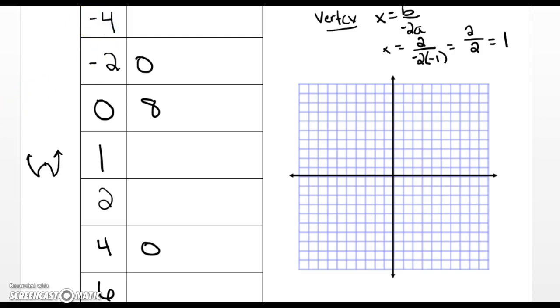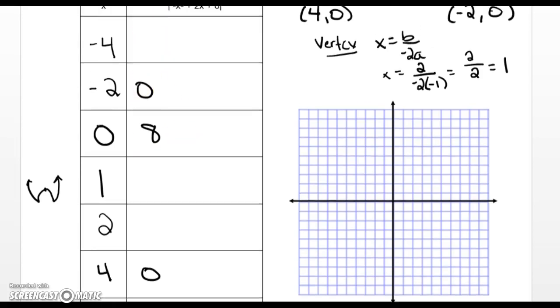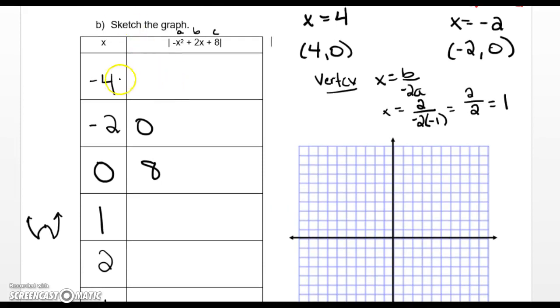So now that I filled out all of my x values, now I can go ahead and actually start finding those y values. So I'm going to put each of these into our equation here, and I'm just going to scroll up just a little bit so I have a little more room. So when x is equal to -4, we're going to plug it into this function here. So the absolute value of negative -4 squared plus 2 times -4 plus 8. -4 squared is 16.